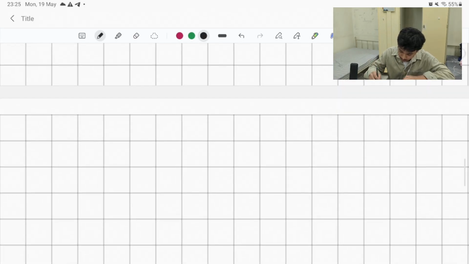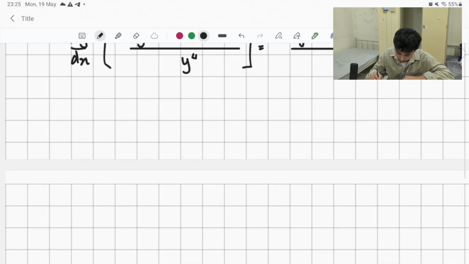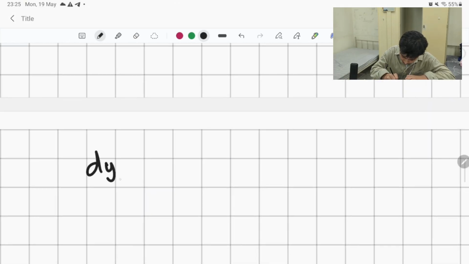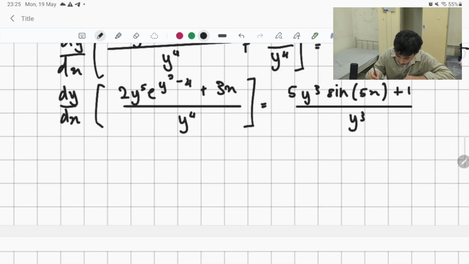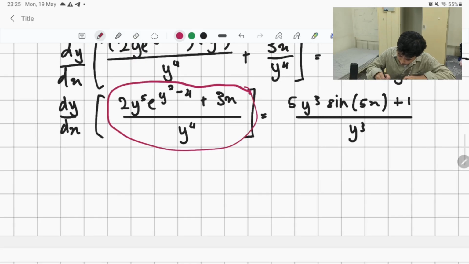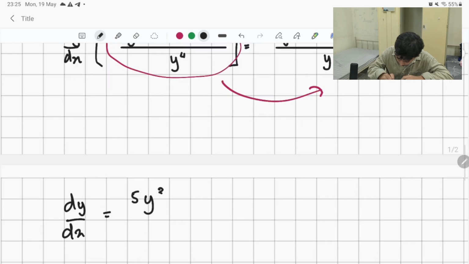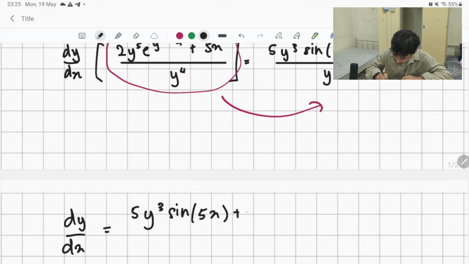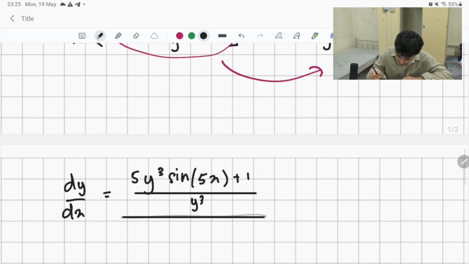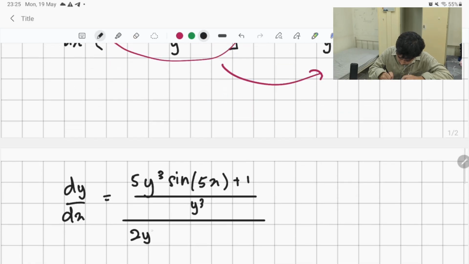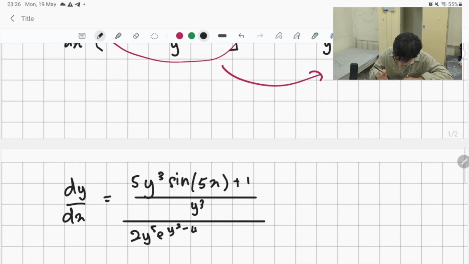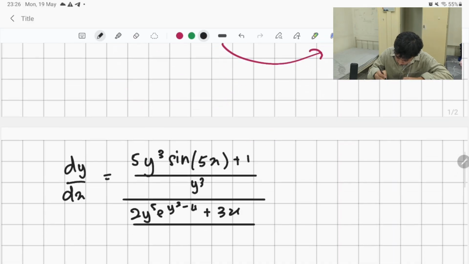We need to make dy over dx the subject, so dy over dx is equal to, moving this whole expression to the right side, 5y to the power of 3 sin 5x plus 1 over y cube over 2y e to the power of y squared minus 4 plus 3x over y to the power of 4.